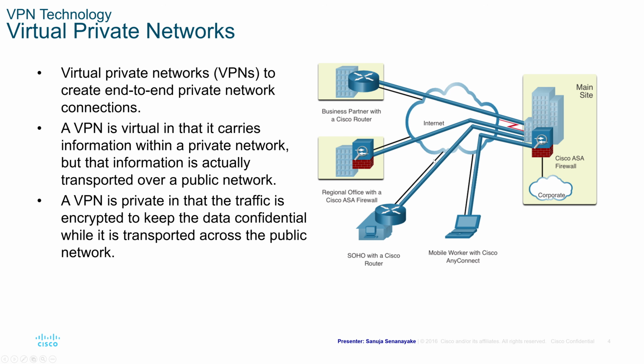So they are using the public internet, but on that public internet, these virtual tunnels are created with encryption added to it, hence creating those VPN connections between the end user and the main site, securing the data between the two. So this is how the term virtual private networks comes into play. What you need to understand is why we call them virtual private networks, and this explains exactly that.